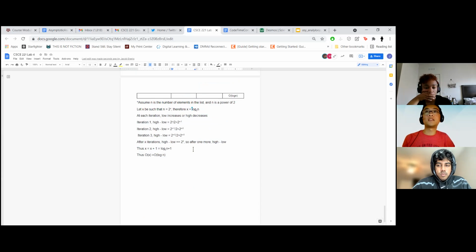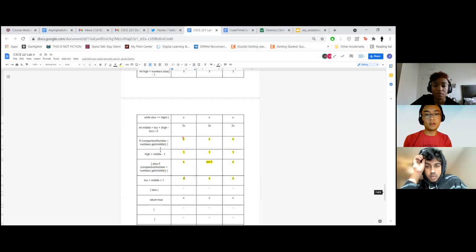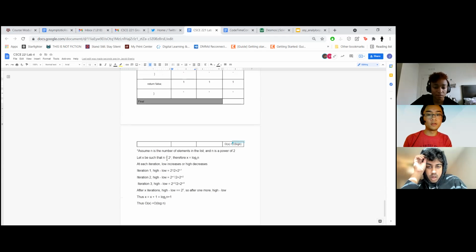It cuts the list in half, so eventually it should make sense, right? Since it's a binary search. And in the final, you just add all this up. So this can be O of x is equal to O of n. So this right here is x.